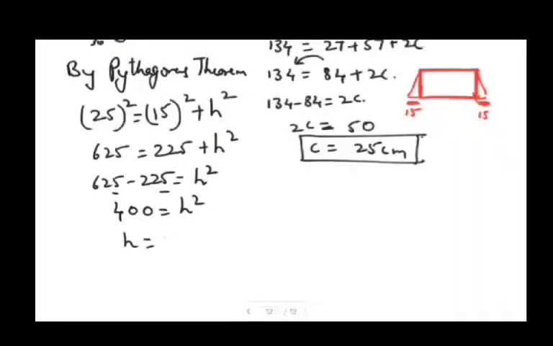So my height is going to be 20 centimeters. Now I've got my non-parallel sides.